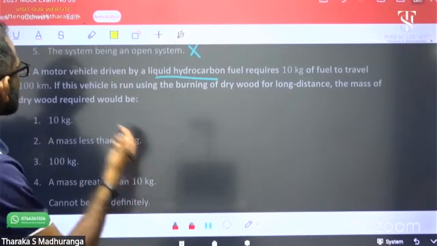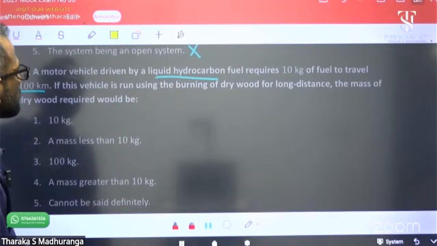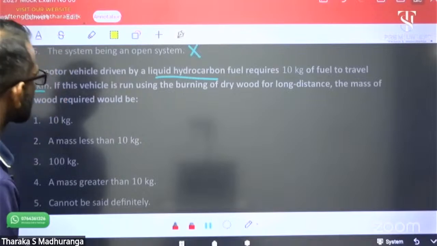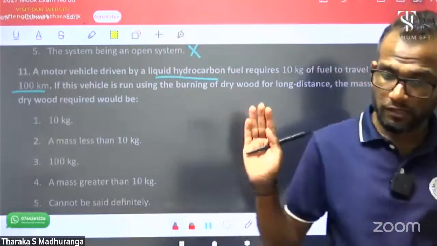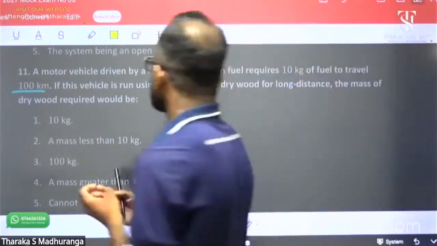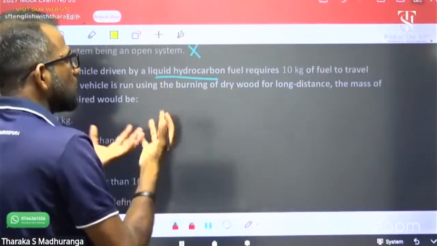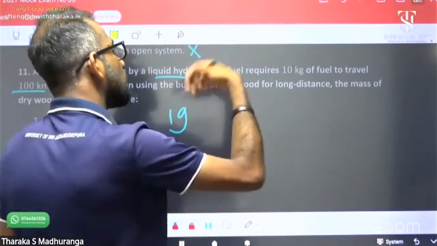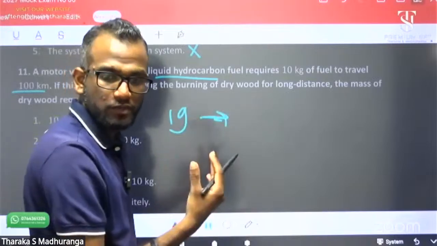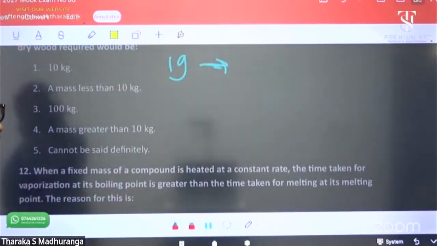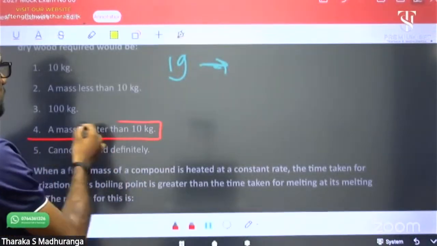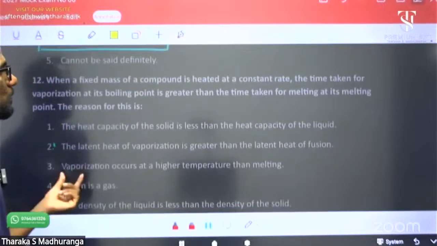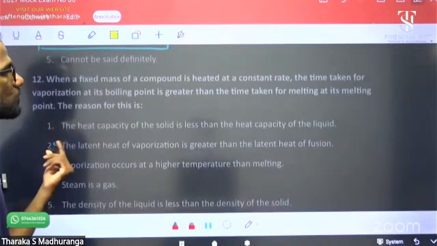If this vehicle is run by burning dry wood for the same distance, we can't say the exact mass, but we can decide it is more than 10 kilograms, because the calorific value, meaning the energy produced by 1 gram of fuel, is greater for hydrocarbons than for wood. Wood has a very low value, therefore a mass greater than 10 kilograms is required. We can't definitely give the value; however, it is greater than 10 kilograms.